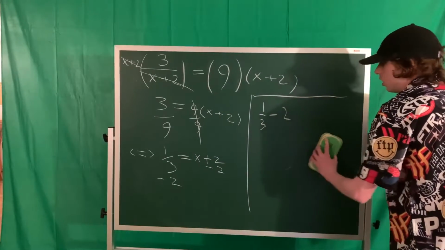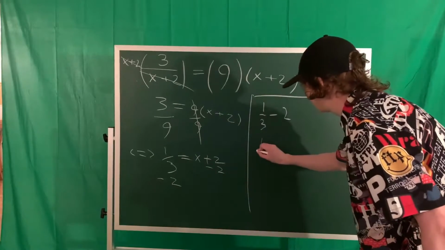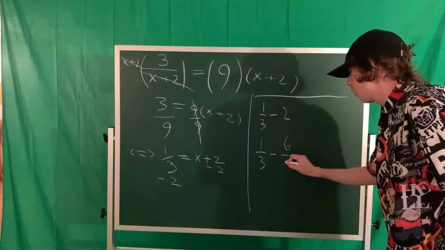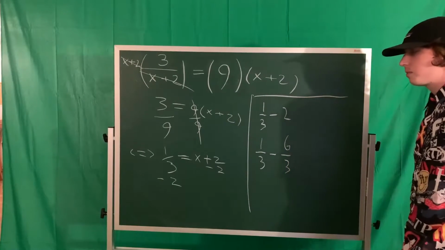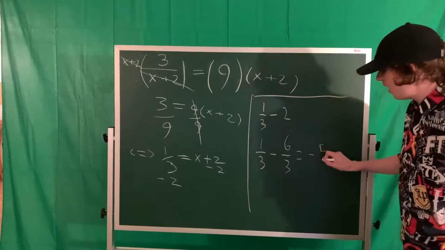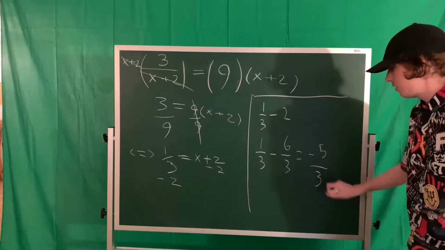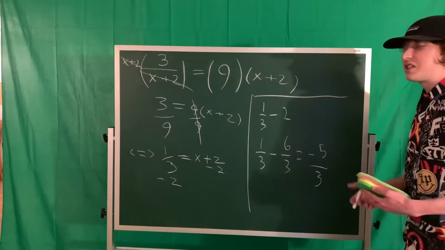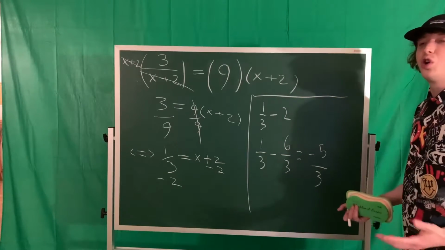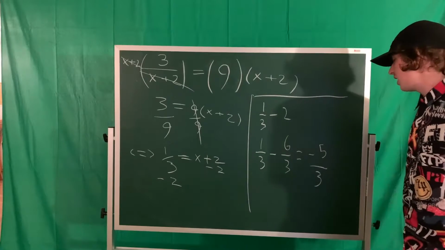So we can rewrite this as 1/3 minus 6 over 3, which would then give us negative 5/3.